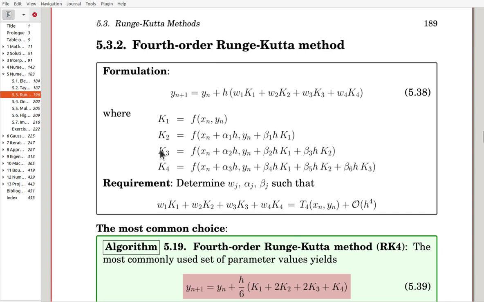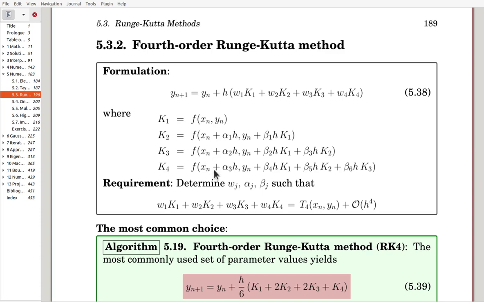And K3 uses K1 and K2 to get a better approximation, predicted at the alpha 2 portion of the point. And K4, again, uses K1, K2, K3, the earlier values, to get as good an approximation as possible. Okay, that's the formulation.